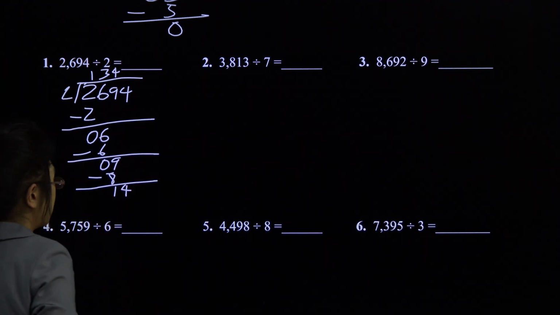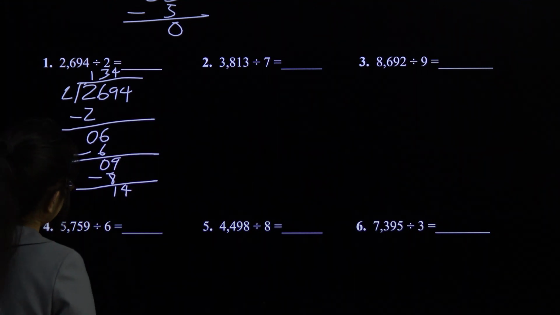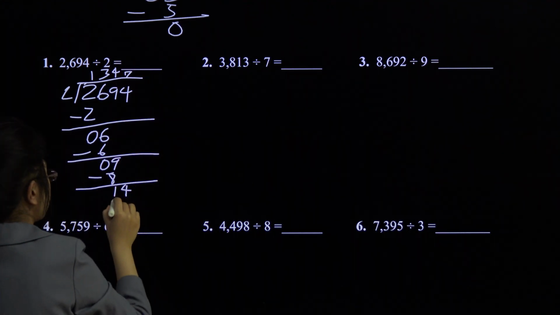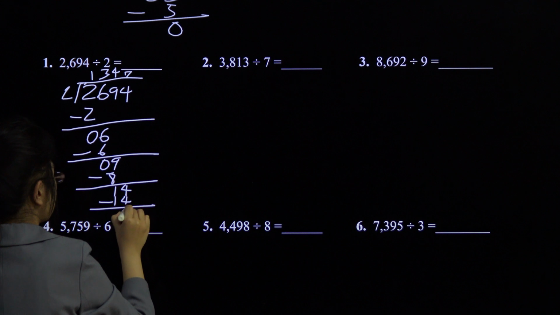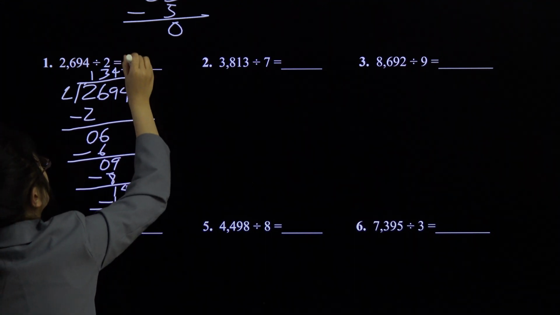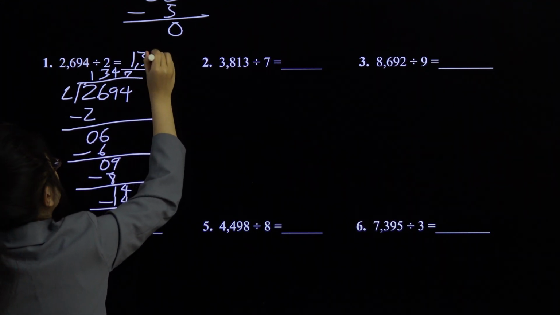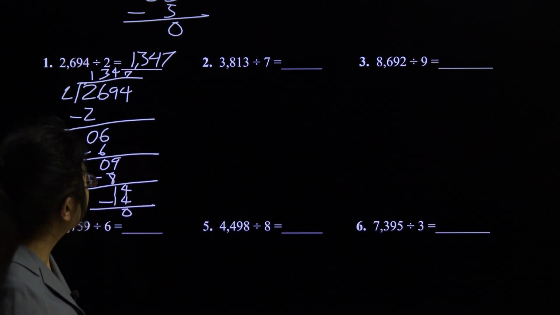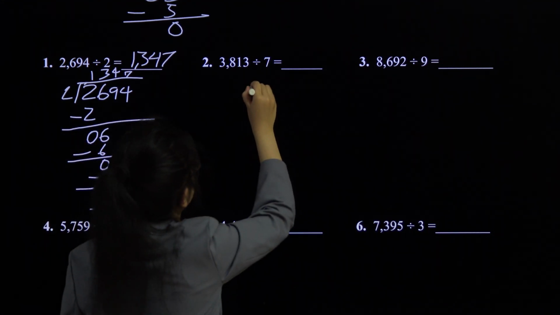You drag down the next digit, and it's 14. 2 goes into 14 7 times. The answer is 1,347.